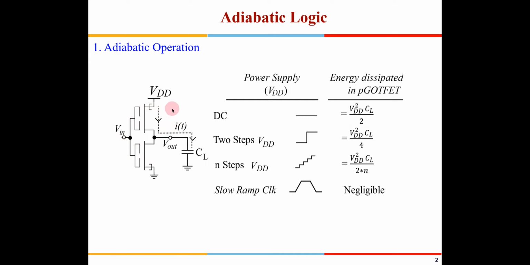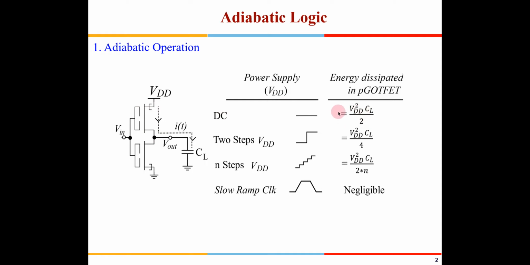So this we saw: whenever the input is going from high to low, this node will be charged to VDD, right? And then we saw the energy which gets dissipated in this PMOS is VDD square CL by 2. This is what we learnt in the very first class which we did.